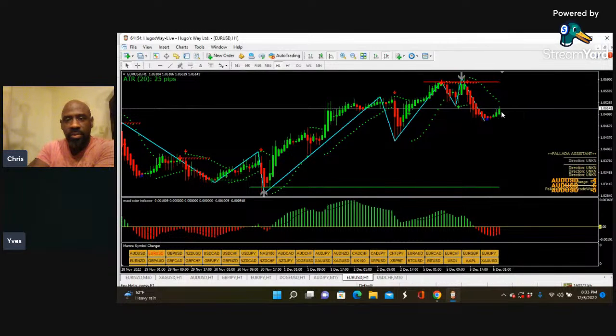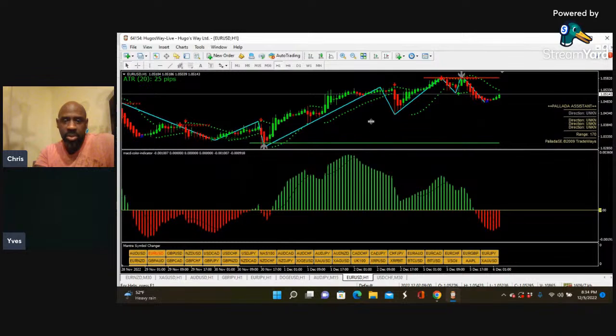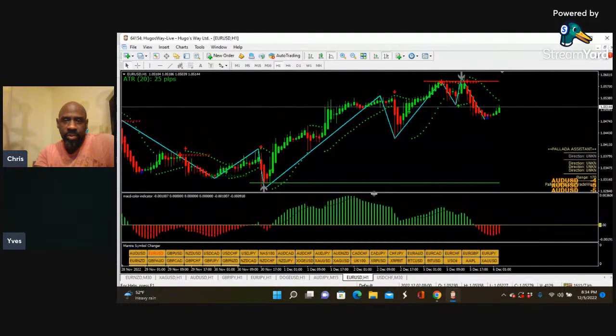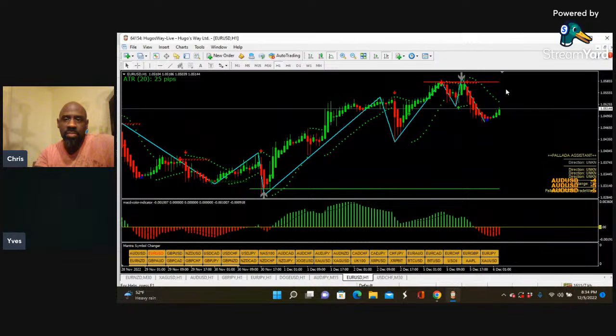Catch it coming back down. Even though it's consistently going up, I will catch it going back down too and get some pips. But as you can see, the buy is pretty good though. I like sells, so I would let it go up, and I'll come back down.